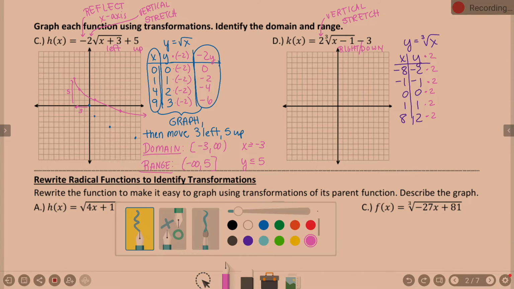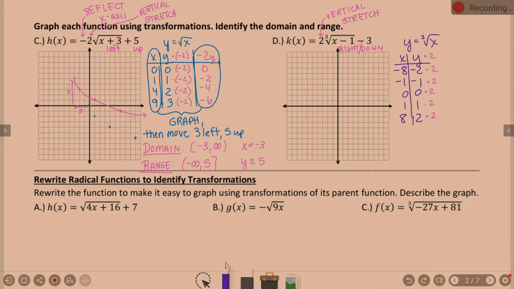Okay, so I like to do this. I like to extend my chart, so we have the visuals to look at. So this last column is going to be whatever 2y is. -2 times 2 is -4, -1 times 2 is -2, 0 times 2 is 0, 1 times 2 is 2, and 2 times 2 is 4.